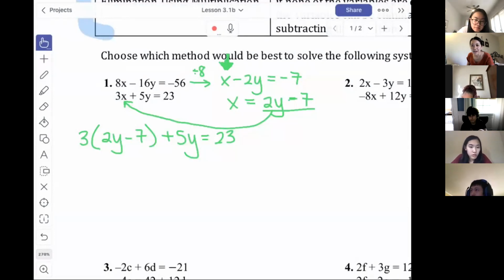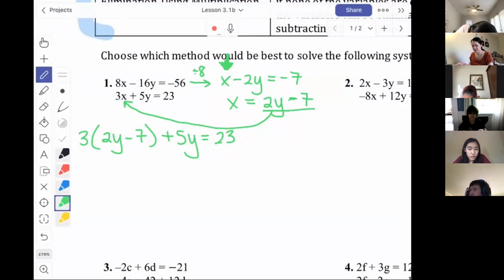All right. Now, keep going. Alyssa, let's solve for y. Then you distribute the 3 to the other numbers in the parentheses. Good. Okay. So what do we get? We got 6y.